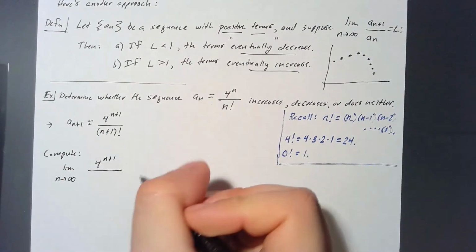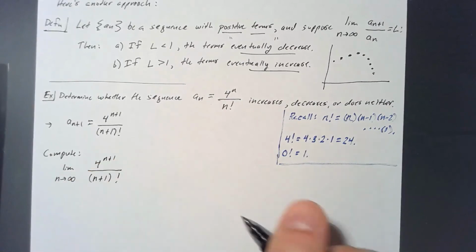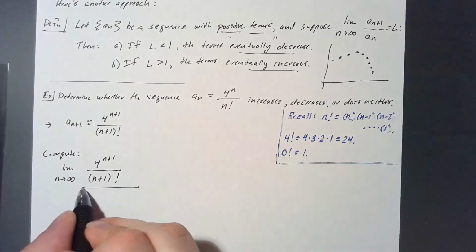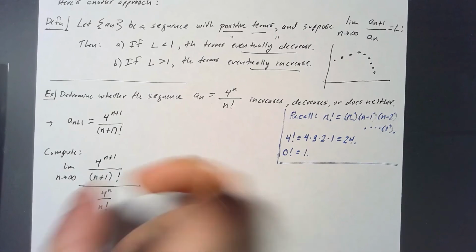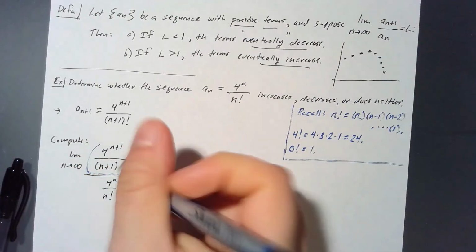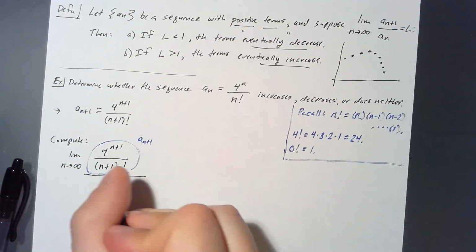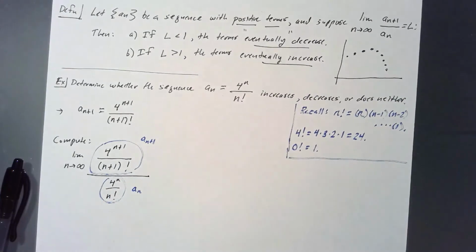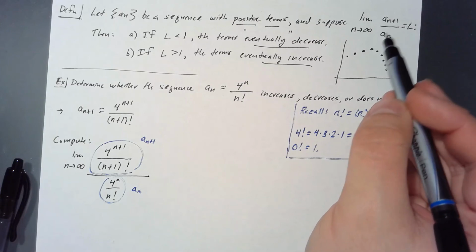This might look a little ugly initially, but we'll worry about that later. So that's a sub n plus 1 all over a sub n, which is 4 to the n over n factorial. This right here is a sub n plus 1, and this is a sub n, just like this says.